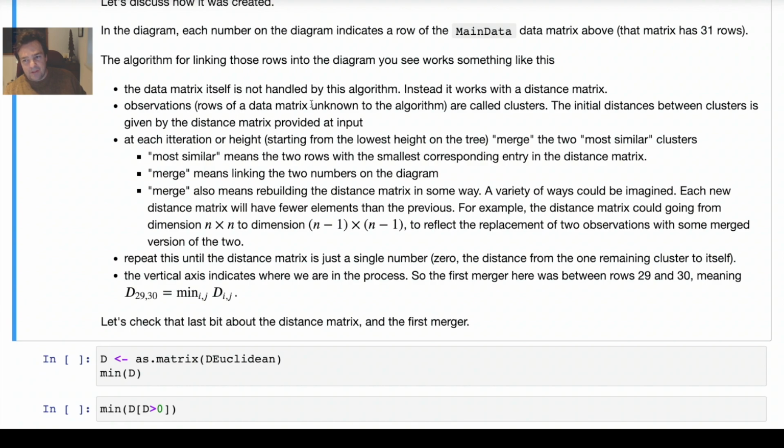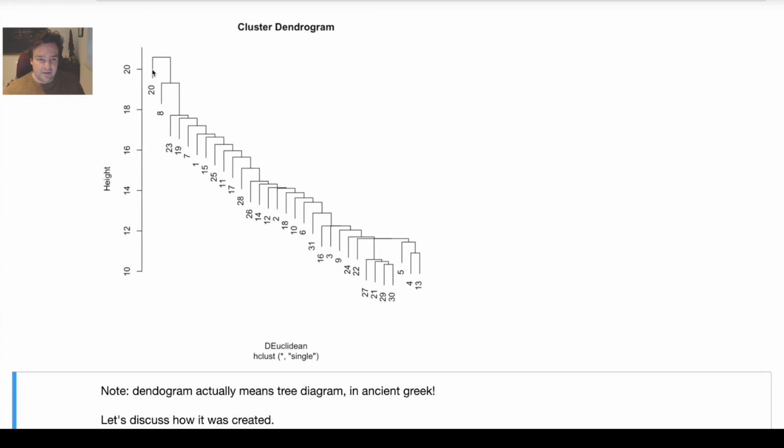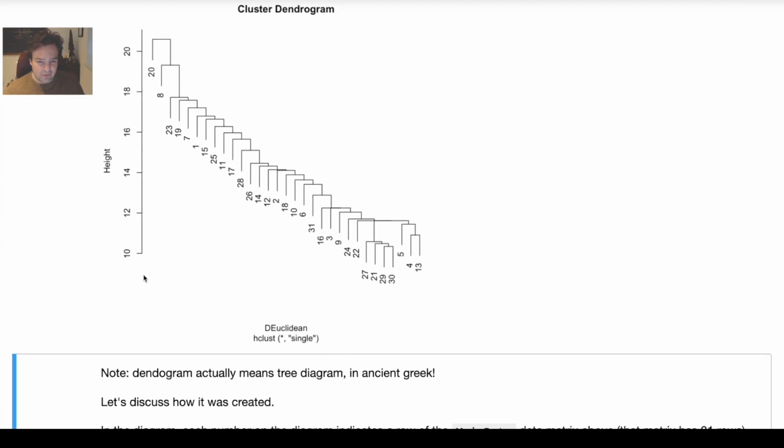And initially, the distance between the clusters is given by the distance in the distance matrix that you initially provide the algorithm. And what happens is we go through a series of iterations, and each iteration is represented on the diagram here by height. It's unfortunate this doesn't go down lower. You should be able to see 0 or something like that. I don't know why it starts at 10.